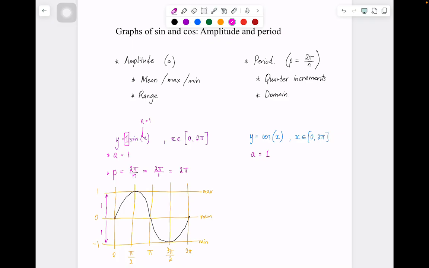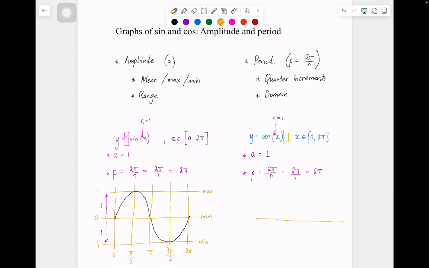So if we split this in half again, we'll end up at pi on 2. And then for our third increment, we just need to multiply this first increment by 3, which gives us a value of 3 pi on 2. And this will work every single time.